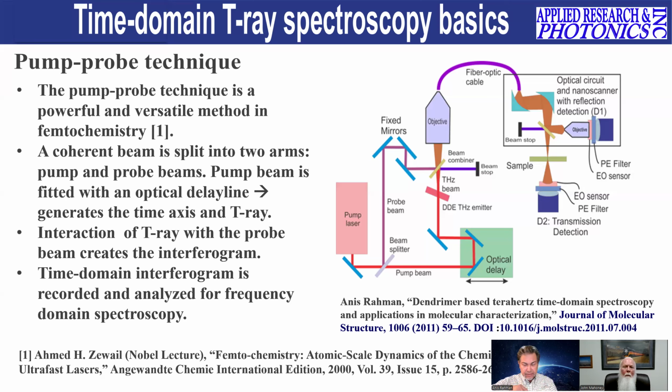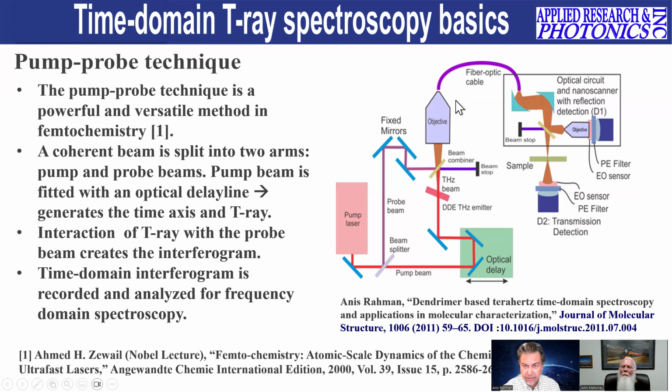What happens here, as you can see in the diagram, is that this source beam is split into two arms. One of the arms is a pump beam, the other one is called the probe beam. The pump beam goes through an optical delay line, and this optical delay line creates the femtosecond time axis. Then from the optical delay line it goes to a terahertz emitter, where terahertz is generated.